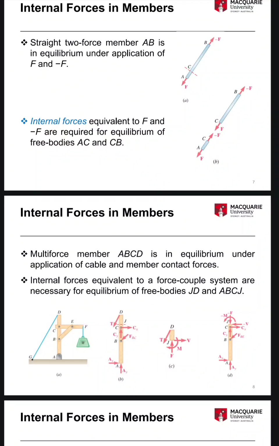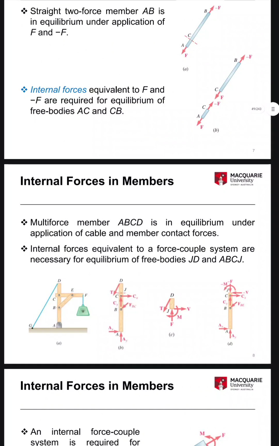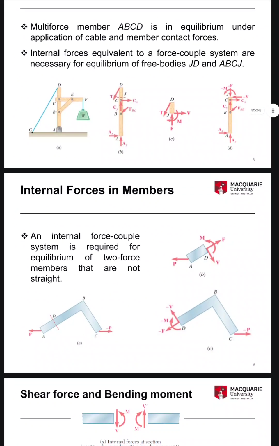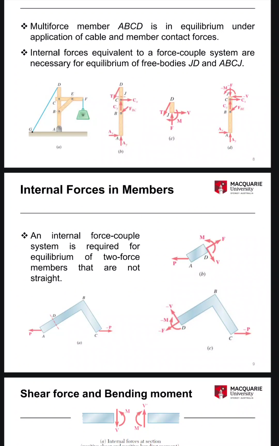Internal forces equivalent to a force-couple system are necessary for equilibrium of free bodies JD and ABCJ. An internal force-couple system is required for equilibrium of two-force members that are not straight.